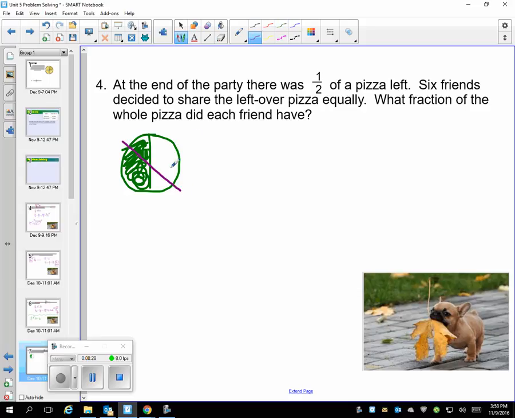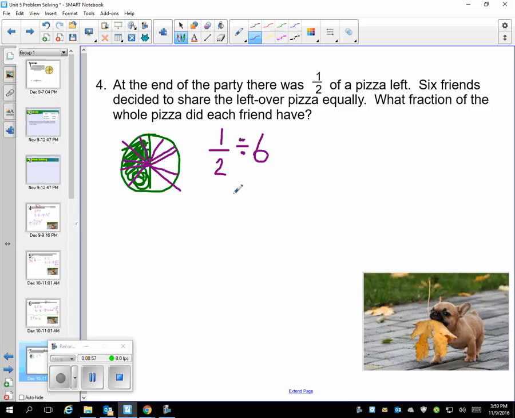So you can draw a picture. 1, 2, 3, 4, 5, 6. Okay, that means this is also split into 6 pieces. It's a terrible picture. Okay, so I know they're starting with half a pizza and they're splitting that between 6 friends.